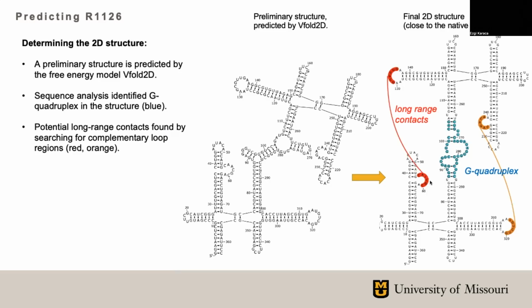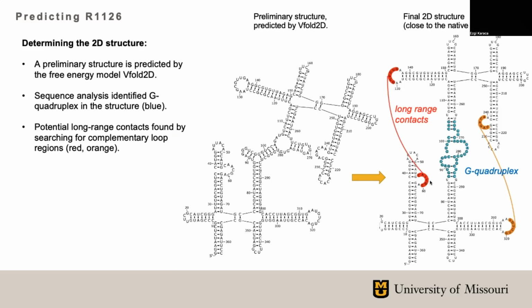The structure on the left is a 2D structure we predicted from our V4 of the physical model without using any sequence alignment. So we almost got it right, except this part. On the right is the native 2D structure for the native fold. And this part is a G quadruplex, but our model cannot handle G quadruplex.